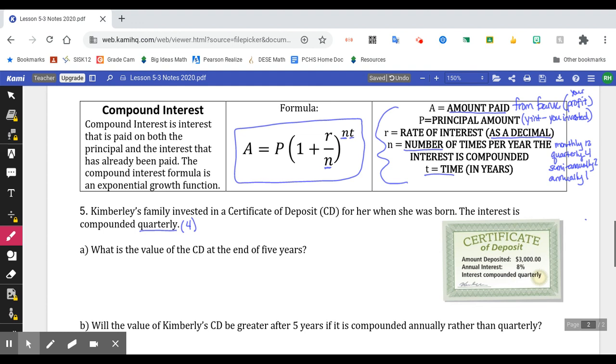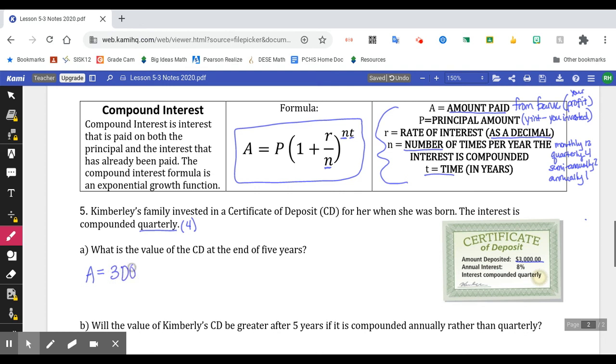Okay, so here's our first one. We're going to take the formula up here and start plugging in what we know. So we're looking for A every time. So it's always going to say A equals, right? That's what we're looking for. How much money are we making off of this? P is your principal. Principal is what you started with. So we deposited $3,000.